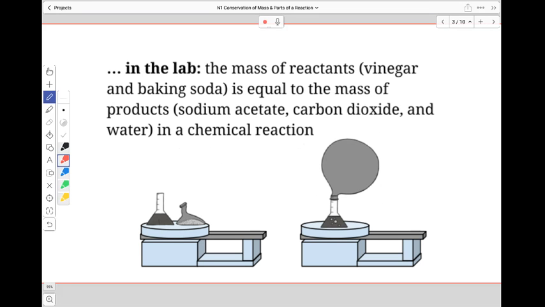In a lab, we can observe chemical reactions, and like the lab that we did the other day was the baking soda and vinegar lab, and here's a demonstration of a very similar lab. It's just a different twist, in which case there was a balloon. So in the beginning, these would be the reactants. This would be the starting materials.